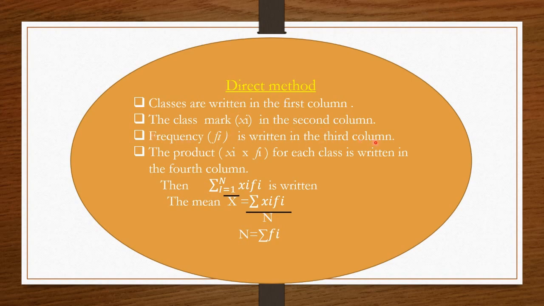The product xi into fi for each class is written in the fourth column. Then sigma xi into fi is written. Lastly, find mean x bar equals sigma xi fi upon n, equal to sigma fi.